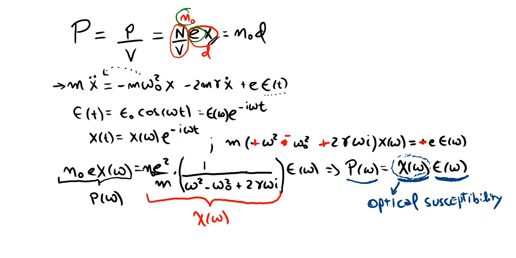So now what we have to do is study the characteristics of this optical susceptibility and how it relates to light absorption and so on, right? So let us rewrite this optical susceptibility on another page. Chi of omega, you can rewrite as minus n0 E squared over... then I'm going to redefine this omega 0 in a different way.